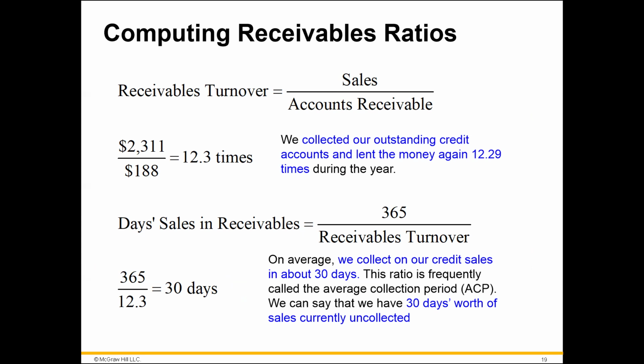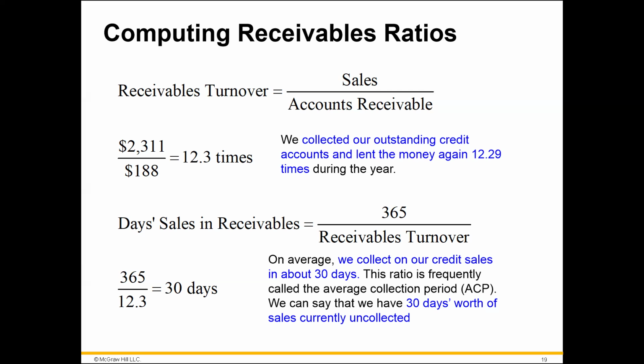So what does this mean? It means that we collected our outstanding credit accounts and lent the money again 12.3 times during the year. And we can convert this turnover ratio into how long it takes to collect the credit sales, right?